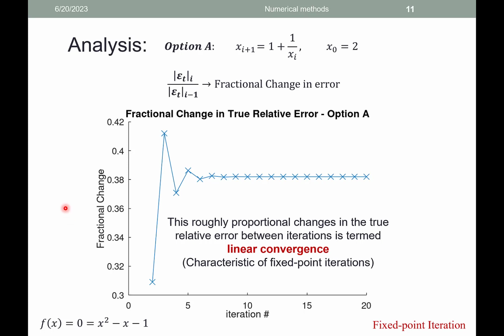So here we see this characteristic plot for the fixed point iteration method, and it's basically saying that this method experiences linear convergence. What we're looking at here is the fractional change in the true percent relative error: the true percent relative error at point i divided by the true percent relative error in the previous estimate.